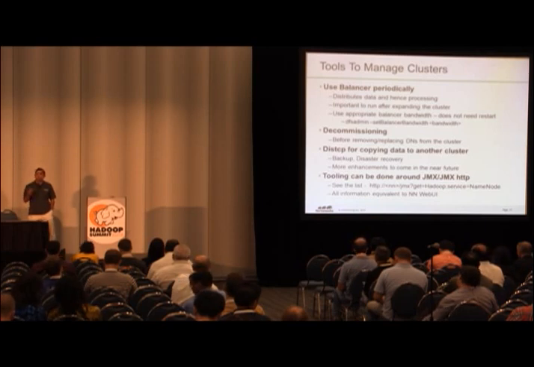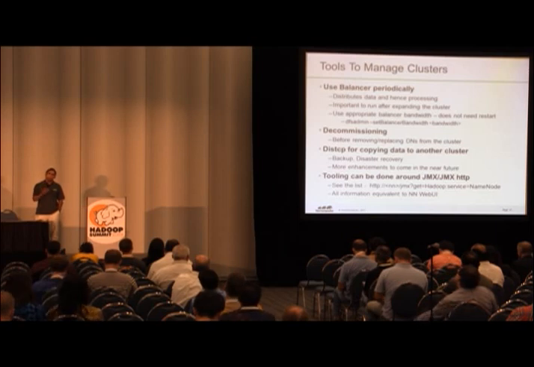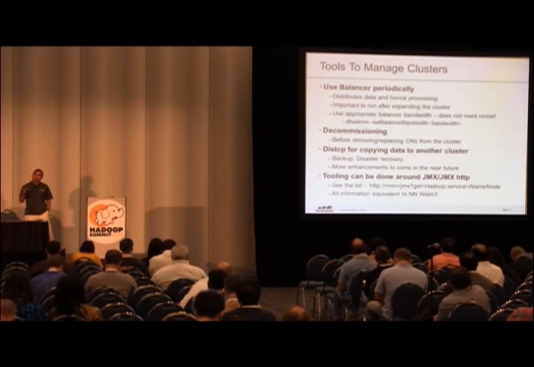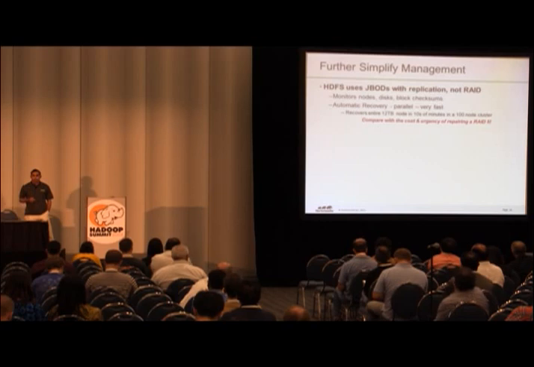You no longer need to do that. You can use HTTP interfaces to get all the information that's available in the name node web UI, and some of the information such as how many corrupt blocks you have, under-replicated blocks you have, dead data nodes you have, your data node list that is registered. All this information is available over HTTP, the HTTP bridge to the JMX that we have.